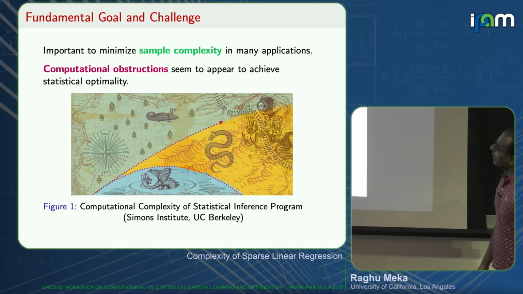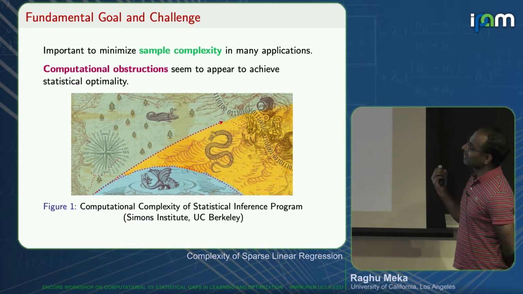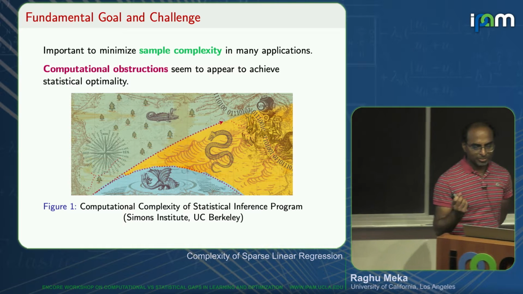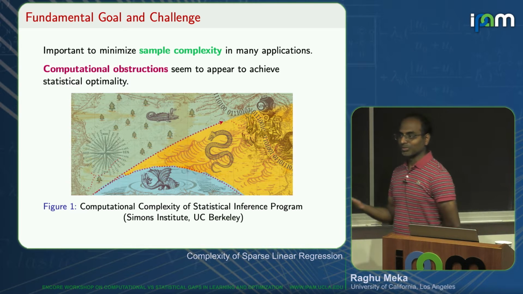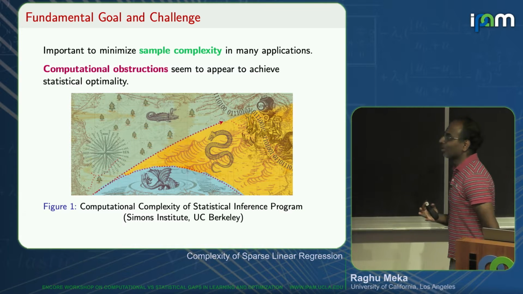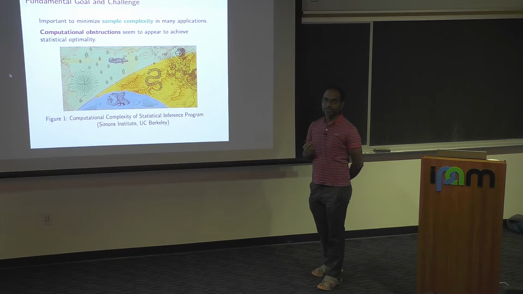And in many applications, you see this sort of dichotomy where you're trying to minimize sample complexity. For some applications, you don't care if I'm slightly off in the optimal sample complexity, and in some, you actually do care about getting close to the optimal sample complexity.